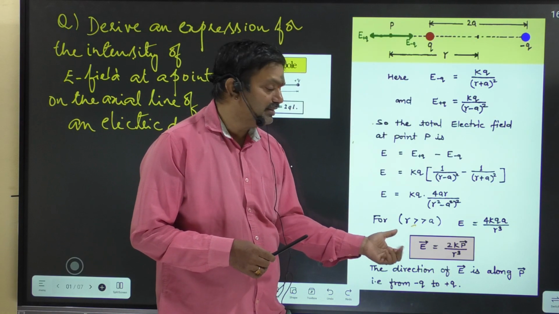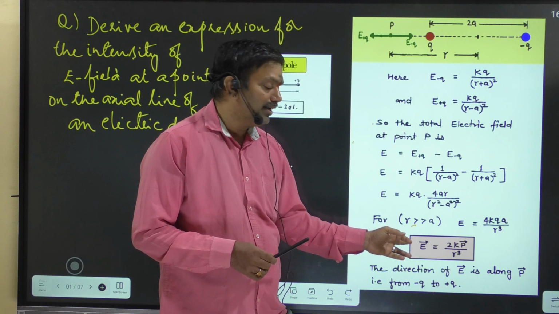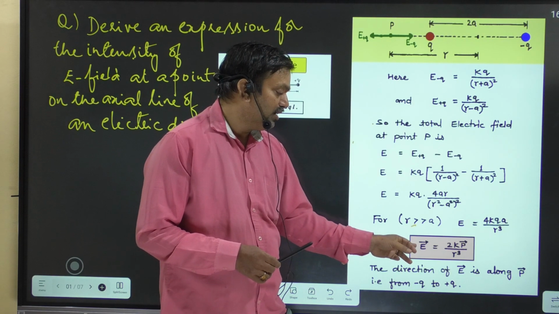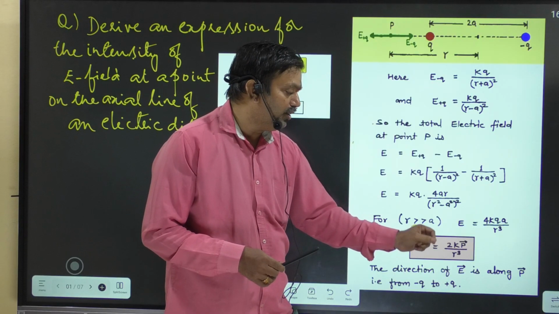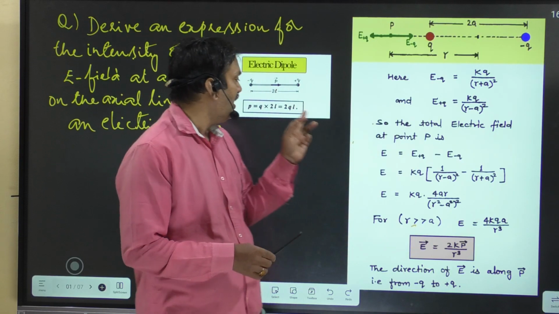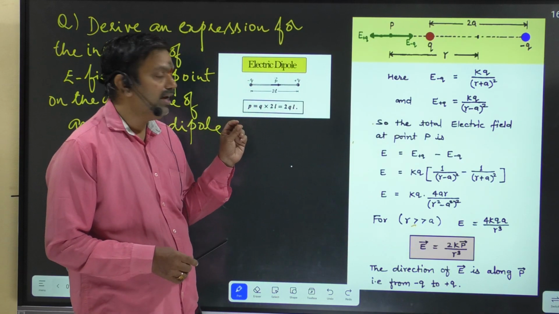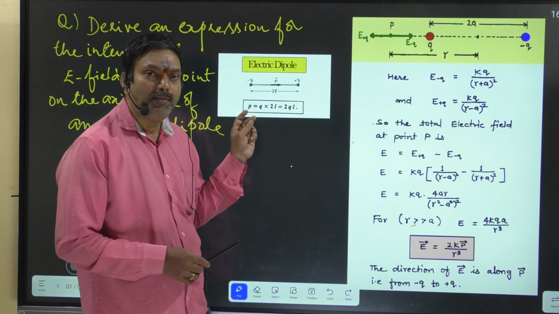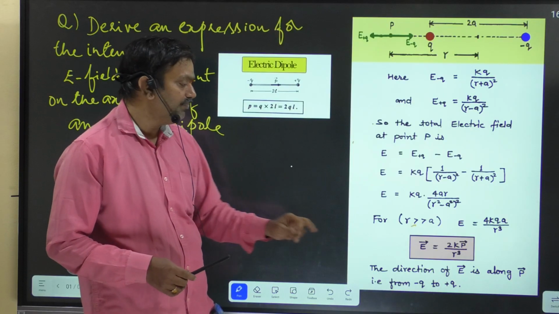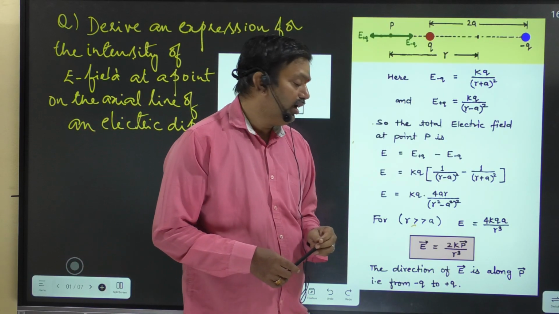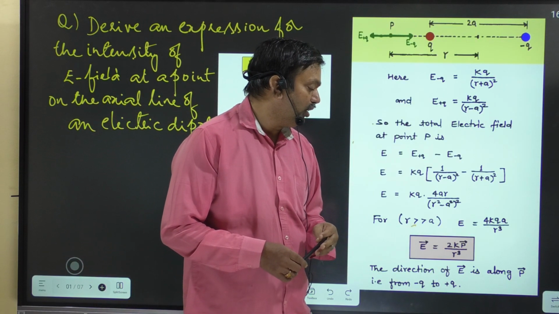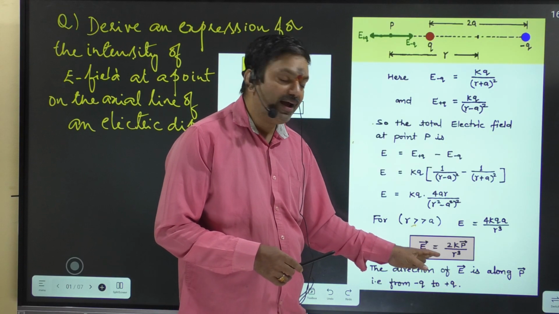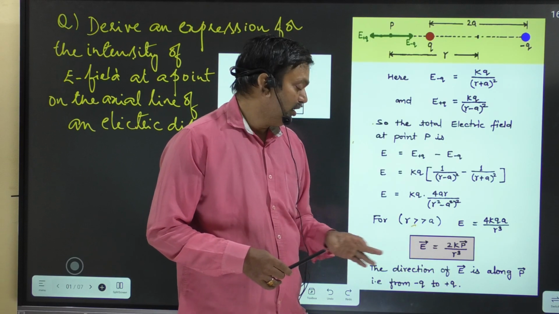So because it is on the axis itself, you can express it in vector notation: E bar is equal to 2K into P bar, the dipole moment vector. P is a vector here, charge multiplied by distance. So wherever P bar is there, it must be understood as Q into 2a.